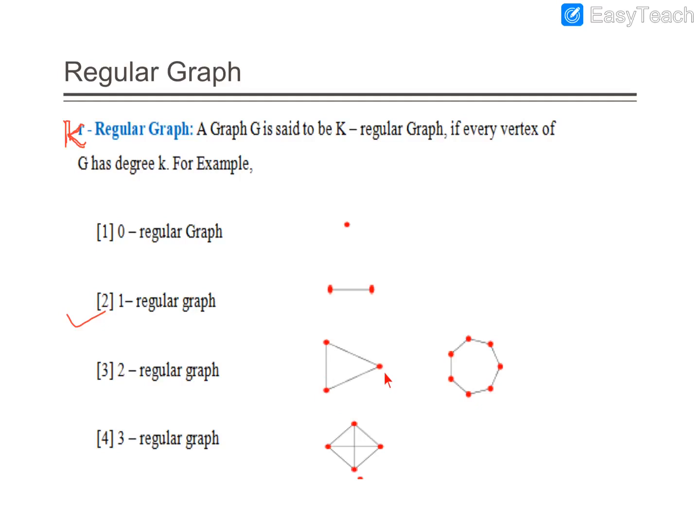Therefore, it is called a 2 regular graph. And in a 3 regular graph, each and every vertex has degree 3. That means each and every vertex is connected with 3 edges. Therefore, it is called a 3 regular graph.